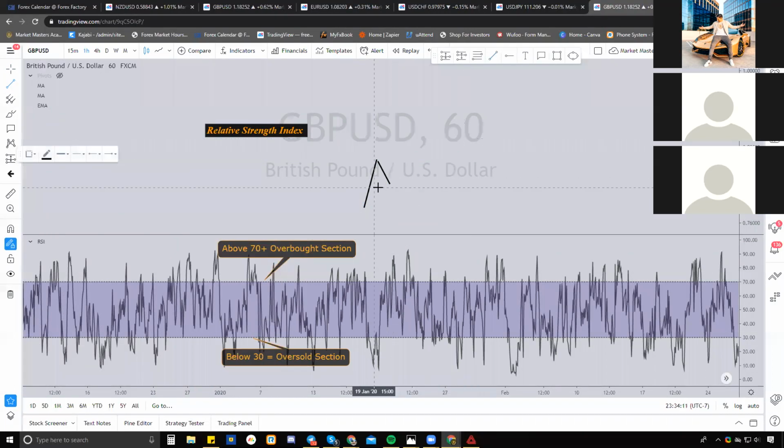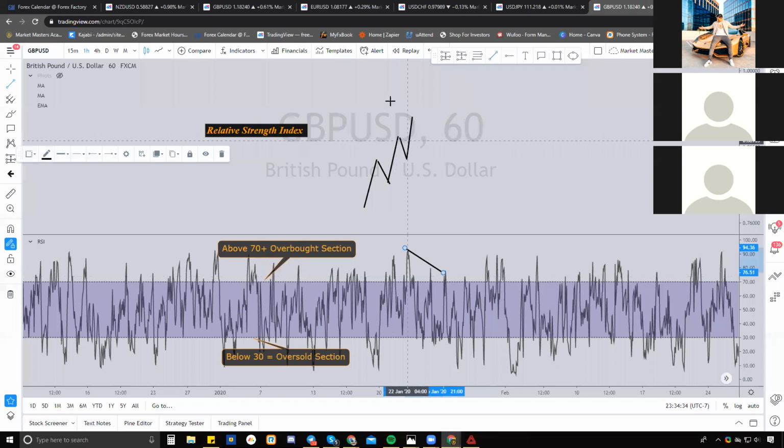Okay, so on the price above, if we see that it's going into an uptrend like this, but above the 70, we see that there's like a slant coming down. While this is showing it's going up, this is indicating that price is getting weaker. So when it shows that it's going down, it means price is getting weaker.